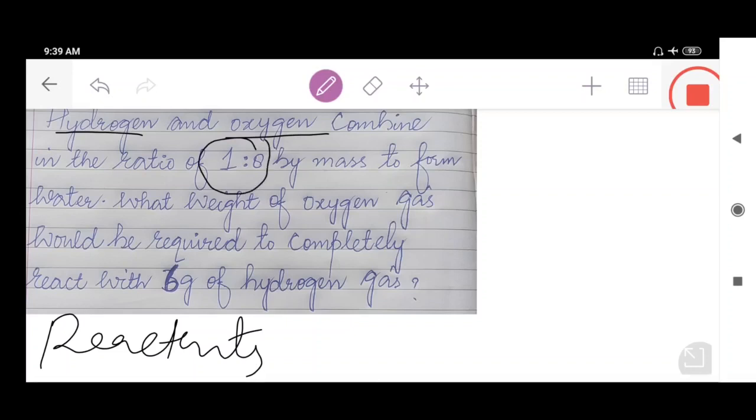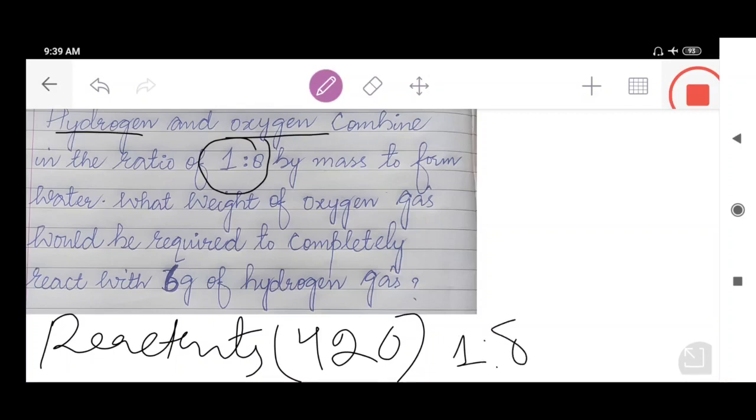You must remember that in the last video lecture, when we studied the law of definite proportions, I told you that whenever there is a formation of a water molecule, H2O, the ratio should be 1:8.